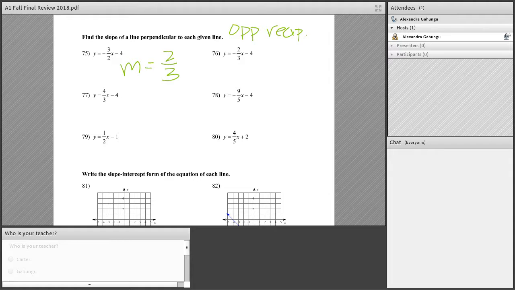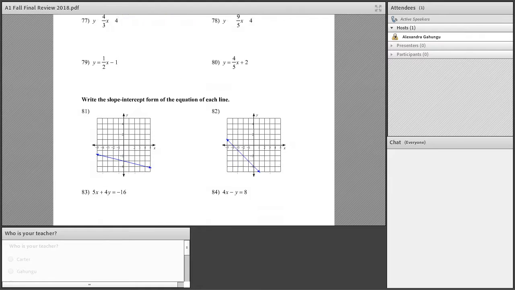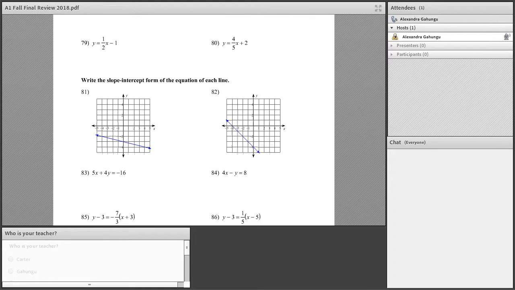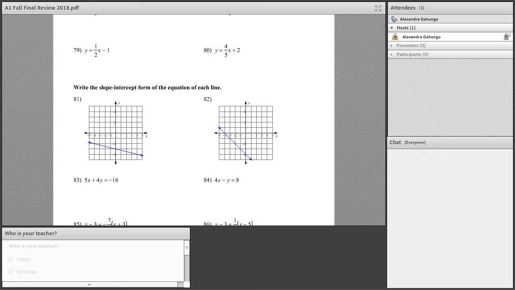Write the equation in slope-intercept form. This is kind of like the gateway questions. So slope-intercept form is y equals mx plus b. So in this case, the slope is negative because it's going down from left to right, so it's negative.